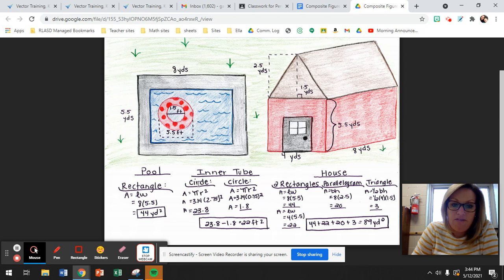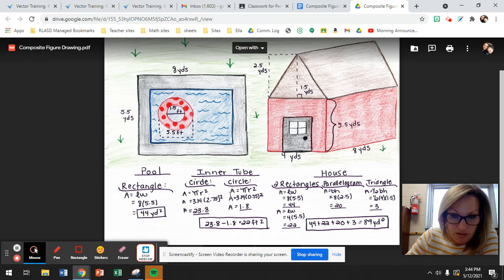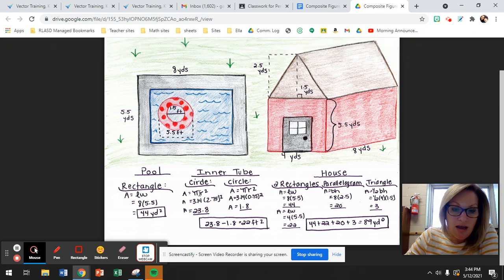The area for a circle is pi r squared, so 3.14 times the radius, which is half of your diameter, squared. So for the first one, I did 3.14 times 2.75, because that's half of my 5.5, squared, and that equals 23.8.